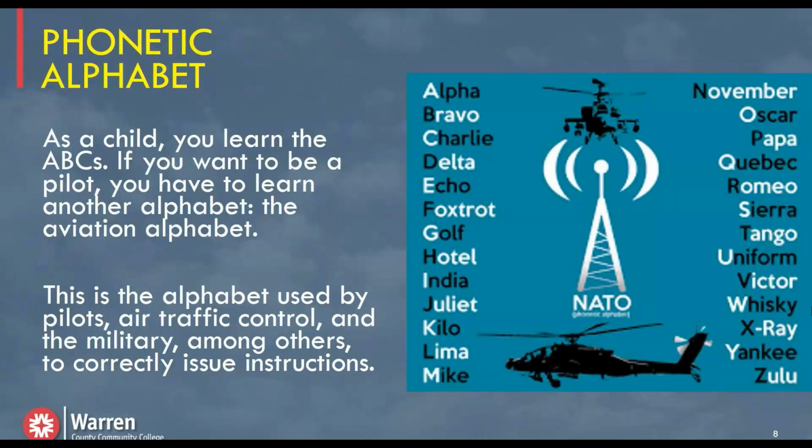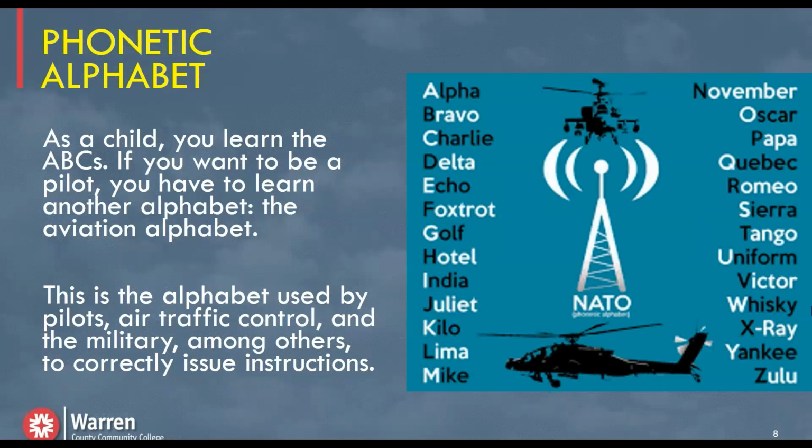You should also be aware that the phonetic alphabet is what pilots use. As a child, you learned your ABCs. If you want to be a pilot, you have to learn another alphabet, and this is the aviation alphabet or the phonetic alphabet. This is the alphabet used by pilots, air traffic control, the military, often law enforcement, among others, to correctly issue instructions.